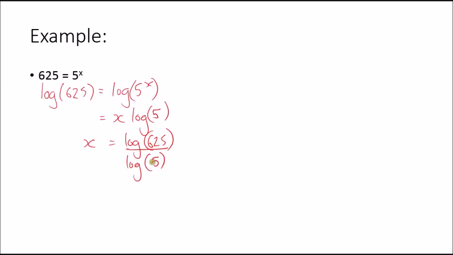I would just evaluate this on my calculator now, because this is not a situation where we can apply a log law in particular. So log of 625 divided by log 5, I'm currently doing this on my calculator, but of course you can't see it, and we get our answer is 4.